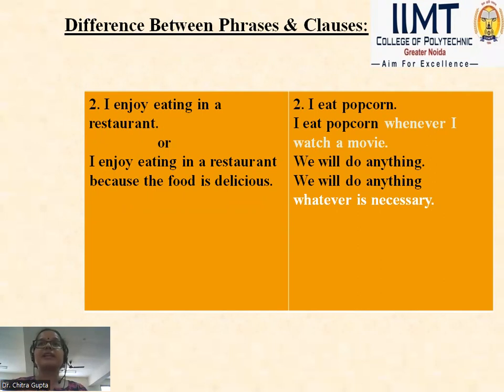Another example is, we will do anything. Again, the sentence is not making any sense. So the dependent clause, or the subordinate clause, has to be added to form a meaningful sentence. We will do anything, whatever is necessary.